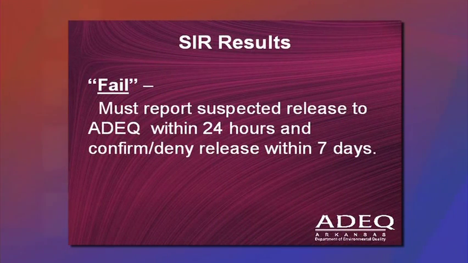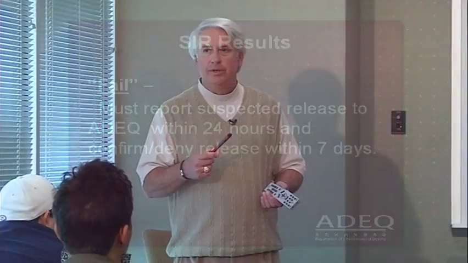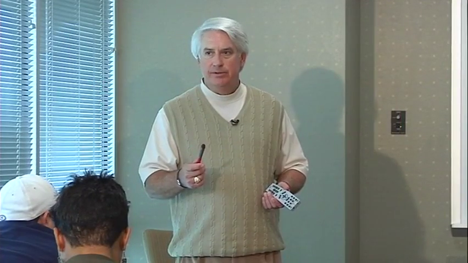If you fail your monthly release detection with statistical inventory reconciliation, you have to report it to the department within 24 hours as a suspected release. And then you're not done. You have to either confirm or deny that you had that release within 7 days.